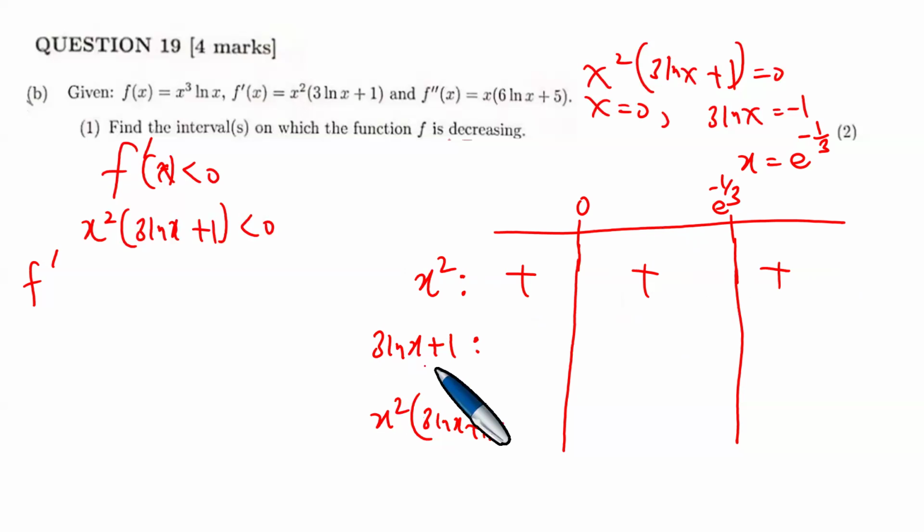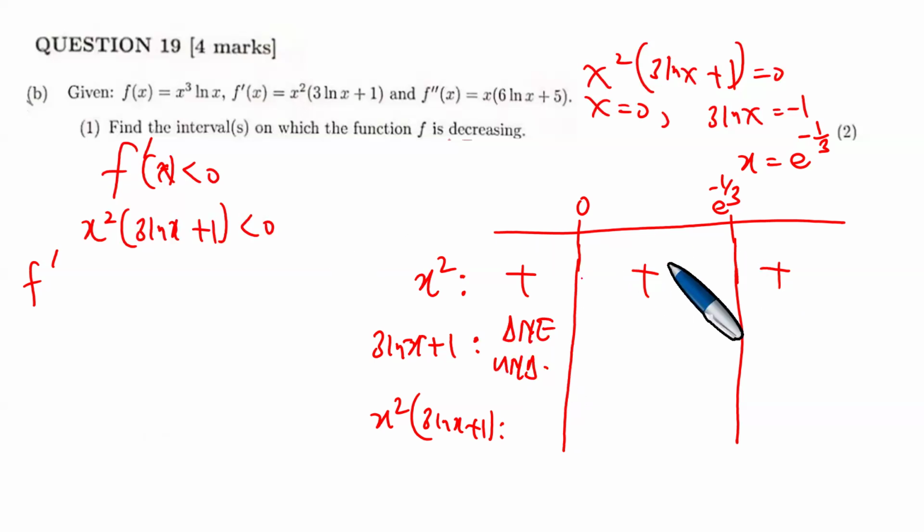Now here, you choose a random number smaller than 0. The ln of a negative number does not exist, or you can say undefined. We don't take the ln of negative numbers in this real analysis module.